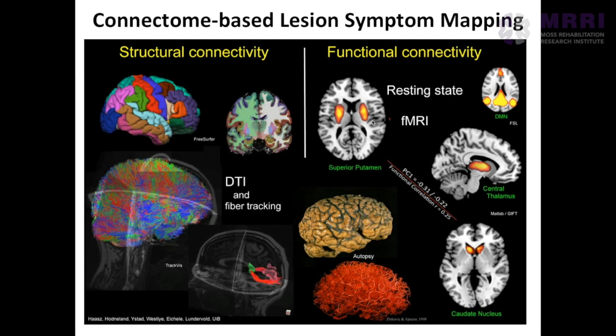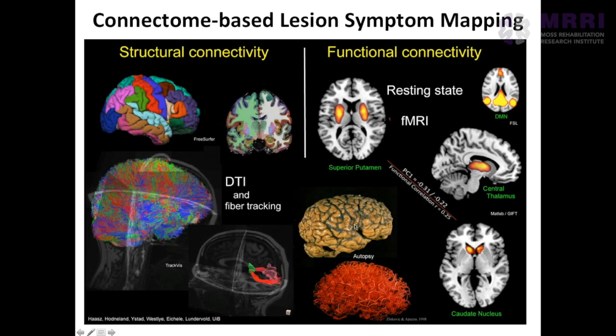That gives you an R value, a correlation value. That's what most people refer to when they refer to functional connectivity. Structural connectivity, on the left here, takes various types. Of course, we've heard about diffusion tensor imaging, and diffusion weighted imaging allows you to map out white matter tracks, fiber tracks, okay?